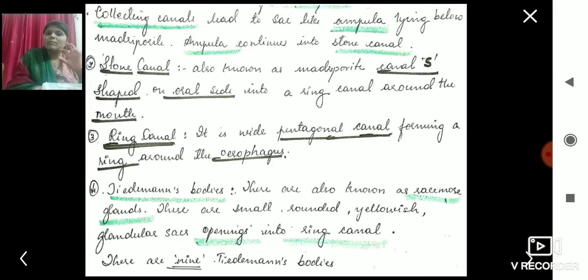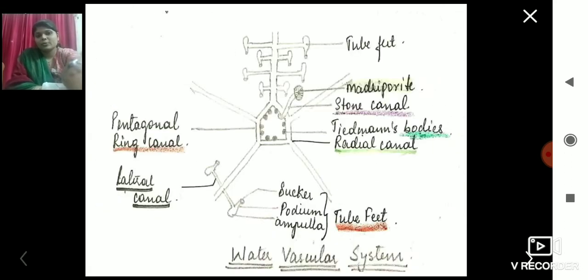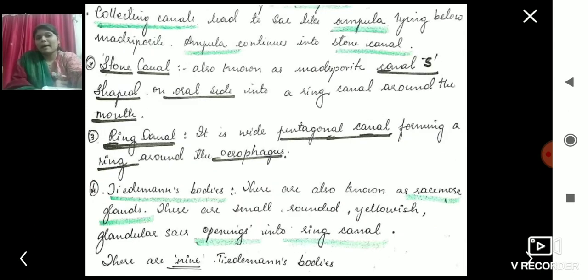Correct? So what are the Tiedemann's bodies? These Tiedemann's bodies are also known as racemose glands. Why racemose glands? Because they look like a flower arrangement. Here you can see that the Tiedemann's bodies are nine in number, arranged in a racemose pattern. They are small, rounded, yellowish glandular sacs opening into the ring canal.